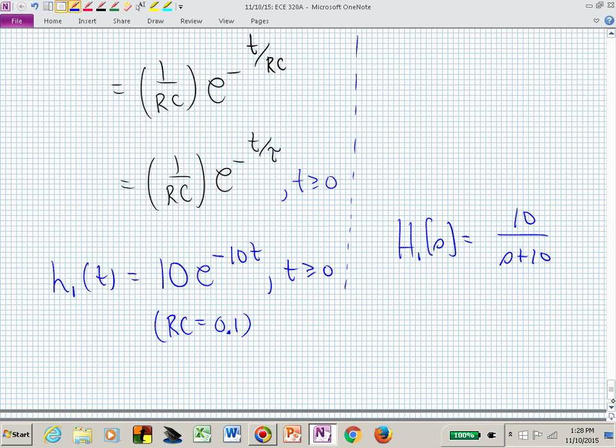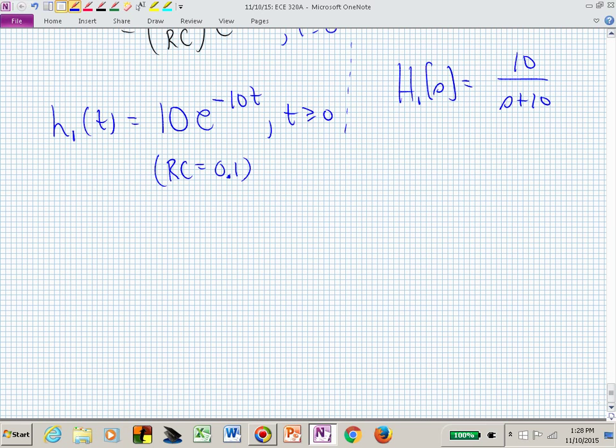What's that look like? If you now had to sketch that, where are we starting? If this is H sub 1, and you could graph this on your calculator if you couldn't graph it by hand, but I think you can graph this one by hand. Where are we starting? At 0. That's at 10.